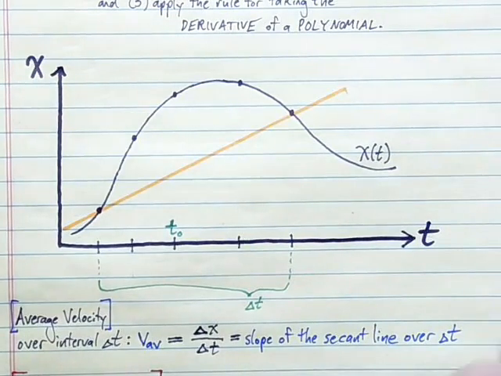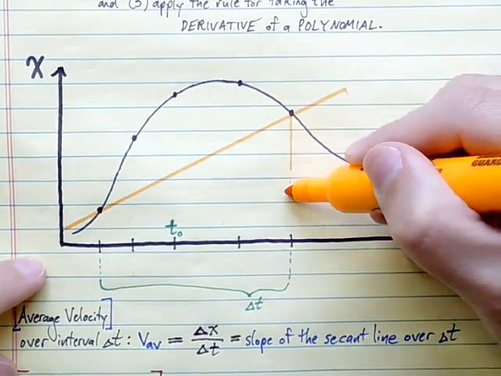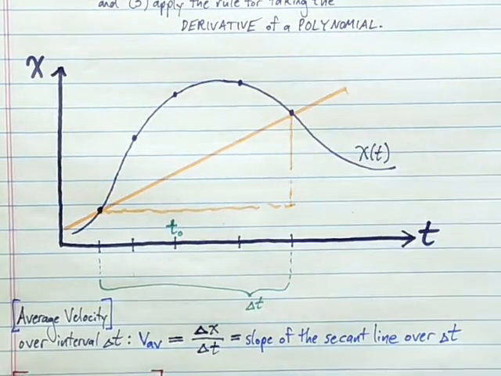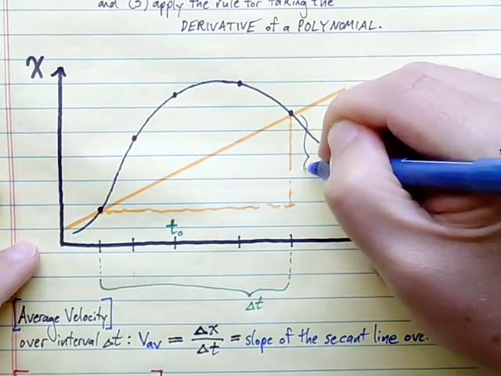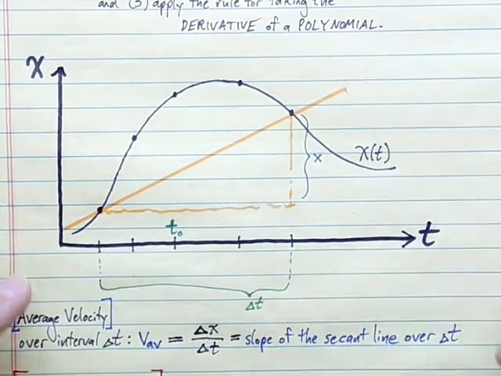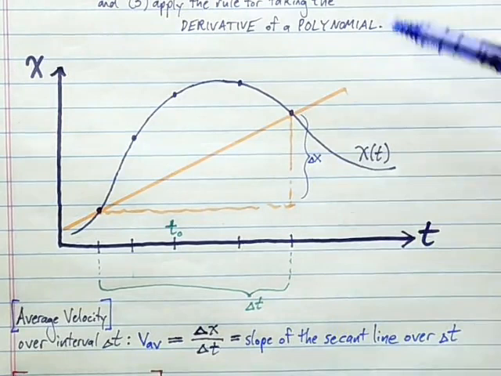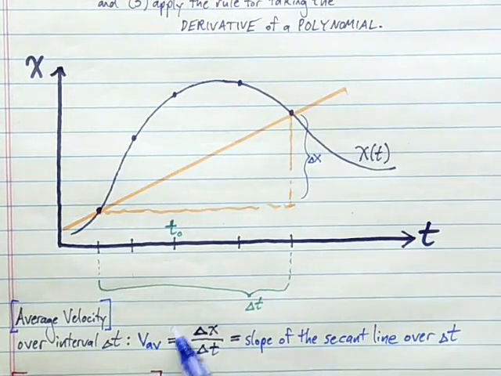And if we make that the hypotenuse of a right triangle, with this leg of length delta t and this leg delta x, that's delta x right there, then the slope is delta x over delta t, which is exactly what we mean by the average velocity.